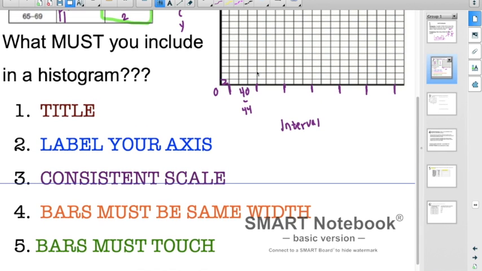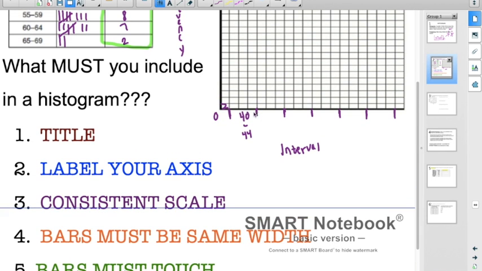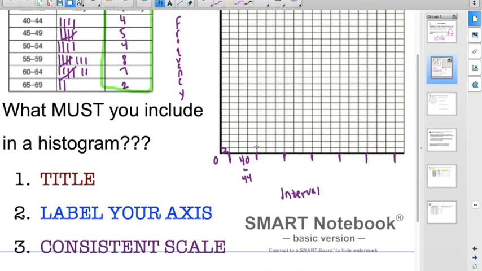And the bars must touch. Notice how I didn't skip. I didn't go 1, 2, 3, skip, and then do 1, 2, 3, and then skip. I just did 1, 2, 3, line, 1, 2, 3, line, because this new interval now is going to be 45 to 49.